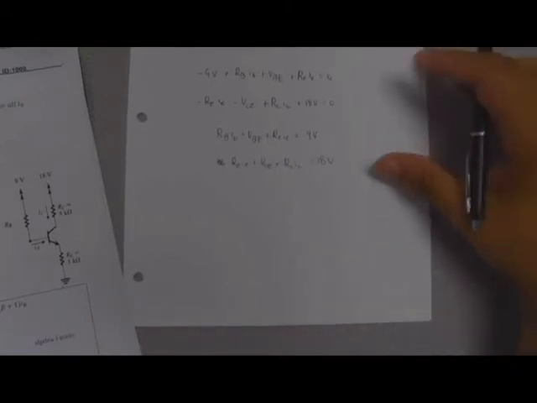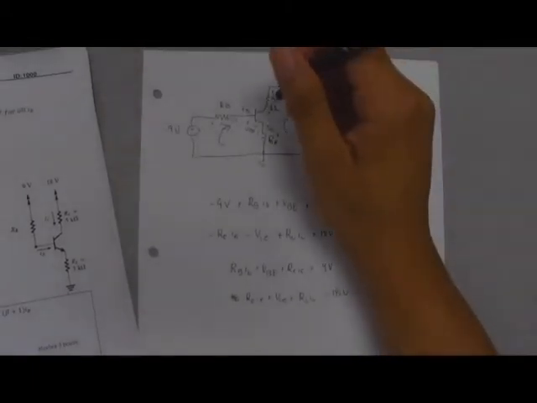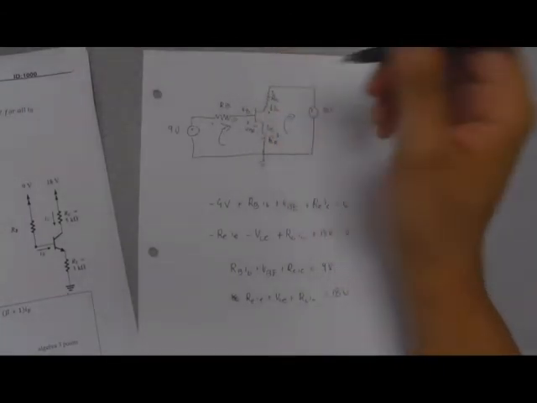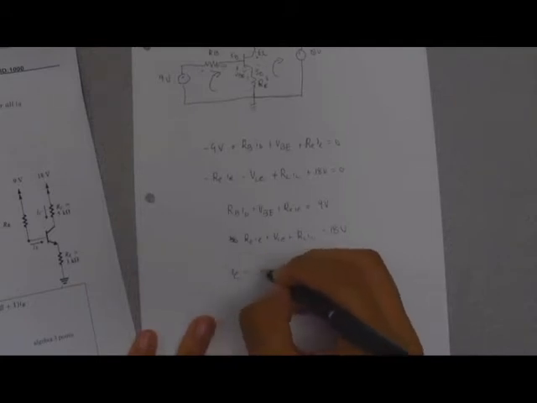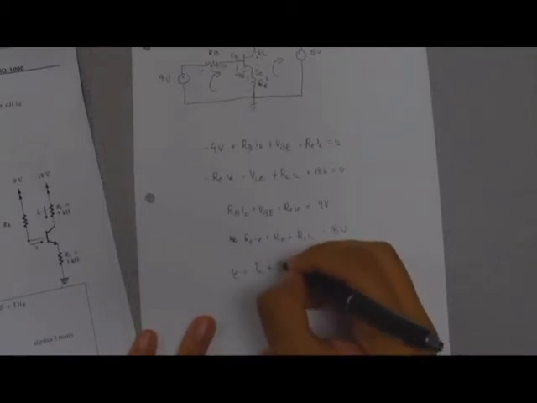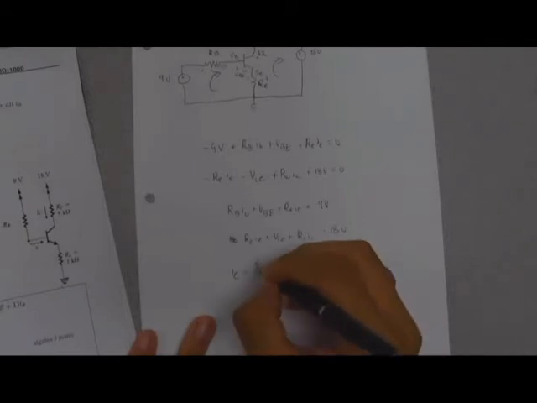But finally, we still have one more equation, which is the equation for this BJT. It is going to be IE is equal to IC plus IB. Sorry, this is supposed to be a lowercase i.